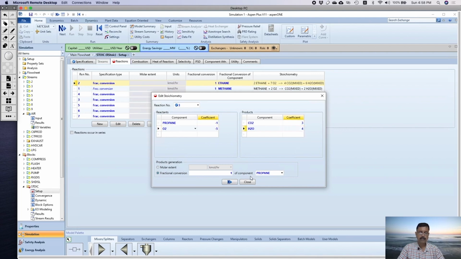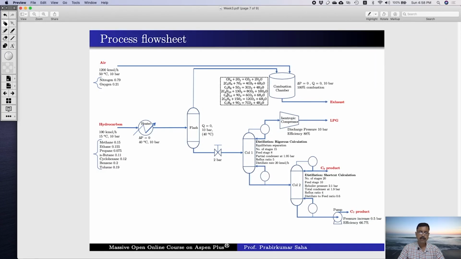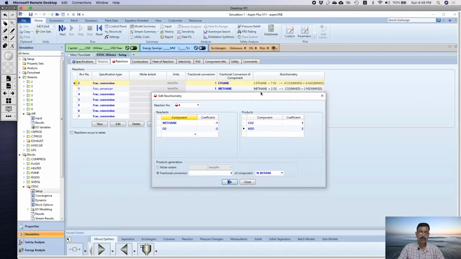Fractional propane. Reaction 4, N-butane, 2, 13, 8, 10.